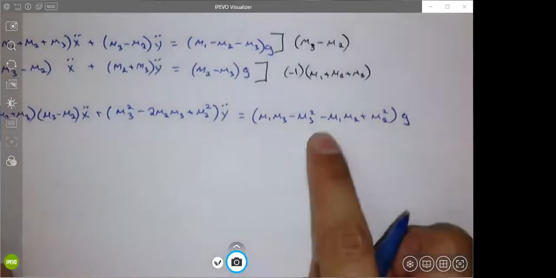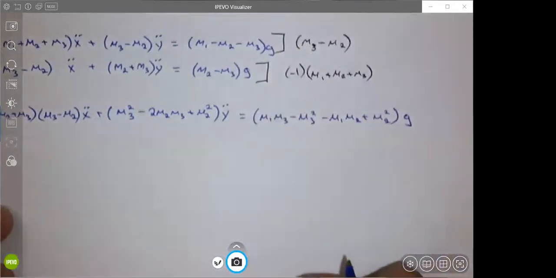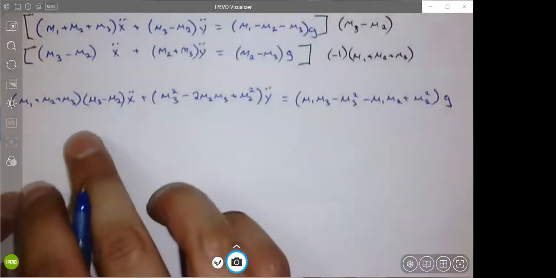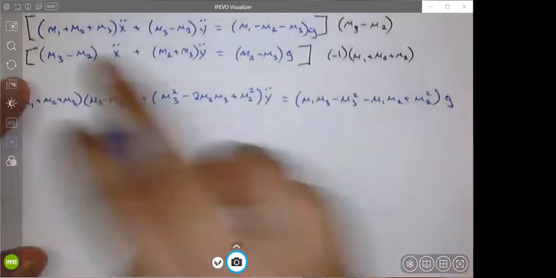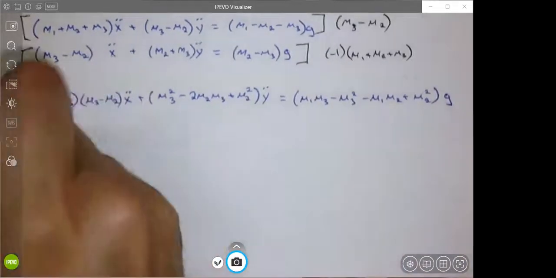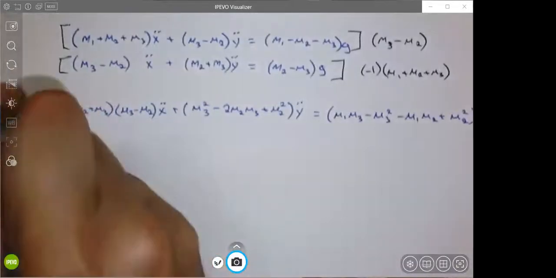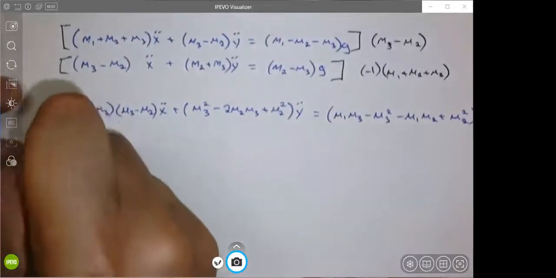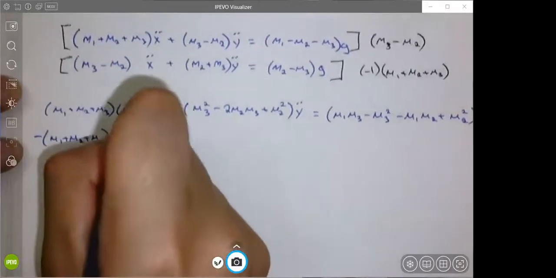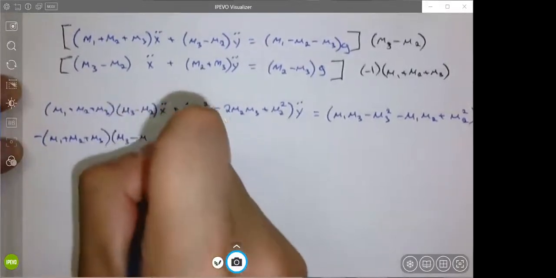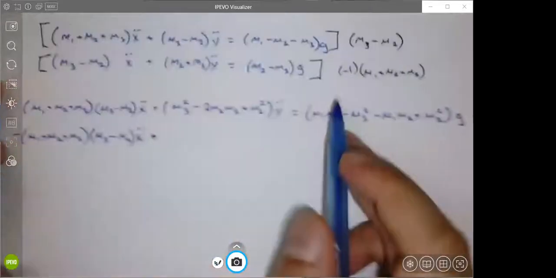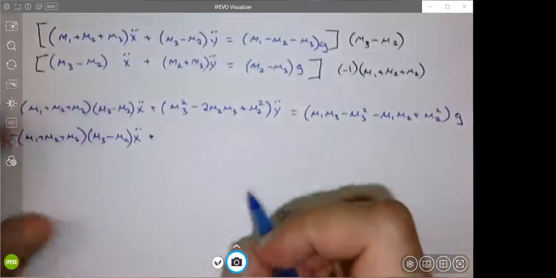So that's this being distributed into there. Next, what do we have to do? We're going to take this bottom term and distribute it out. It's going to be negative (m1 plus m2 plus m3) multiplied by (m3 minus m2) x double dot, plus, now here's where we have to distribute this into here.